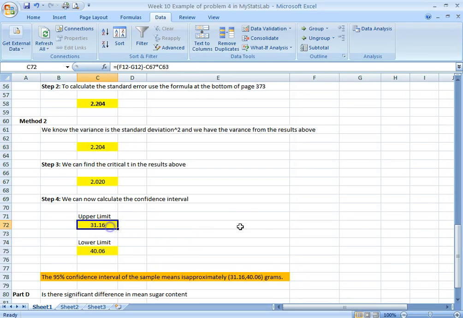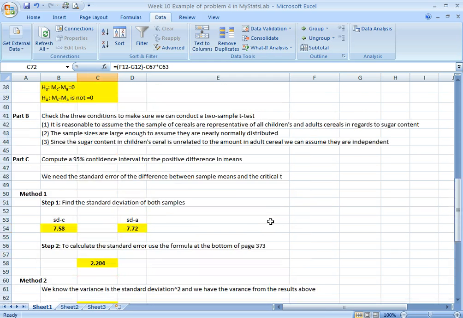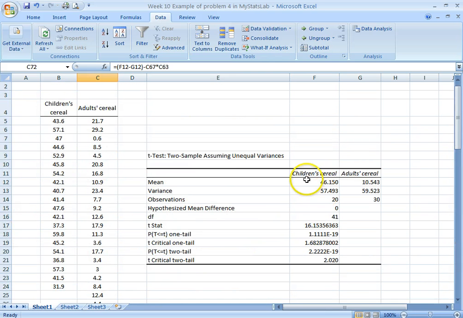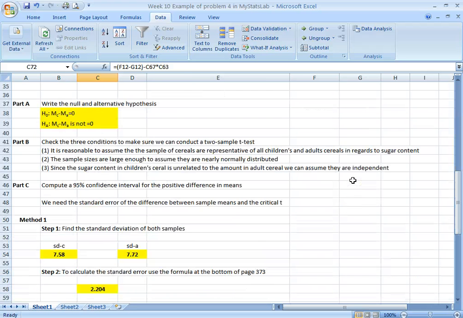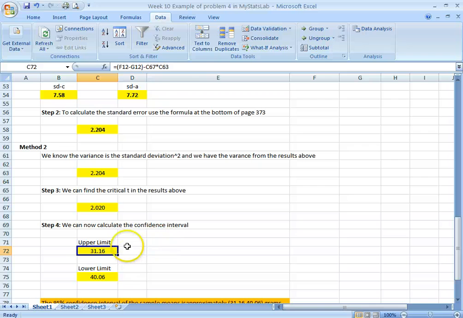So our upper limit, and you see our formula, F12 minus G12, which is the difference between the two means, which we already have calculated here, and minus, and then we're going to take our standard error and our critical t and multiply those together and subtract it from that difference, and we get our upper limit of 31.16.